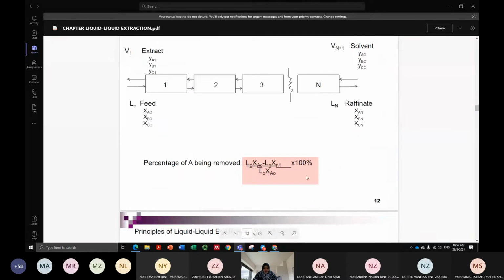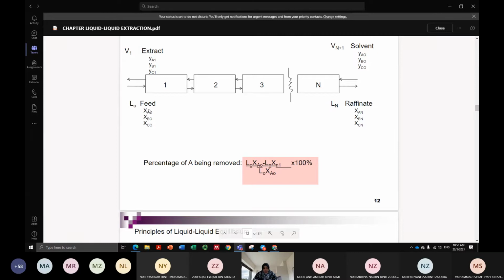So, okay, look at this part, percentage of A being removed or being recovered, they are the same thing. So when you talk about A being removed or solute being removed, the solute that you have here exists originally, initially in your feed.